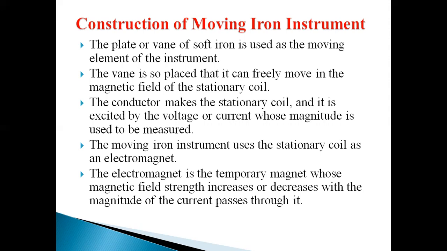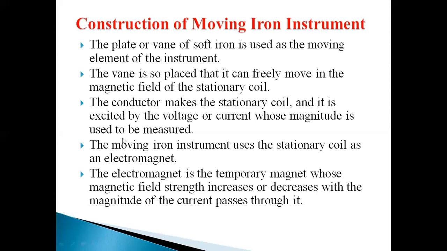The conductor makes the stationary coil and it is excited by the voltage or current whose magnitude is to be measured. The moving iron instrument uses the stationary coil as an electromagnet. The electromagnet is a temporary magnet whose magnetic field strength increases or decreases with the magnitude of the current passing through it.